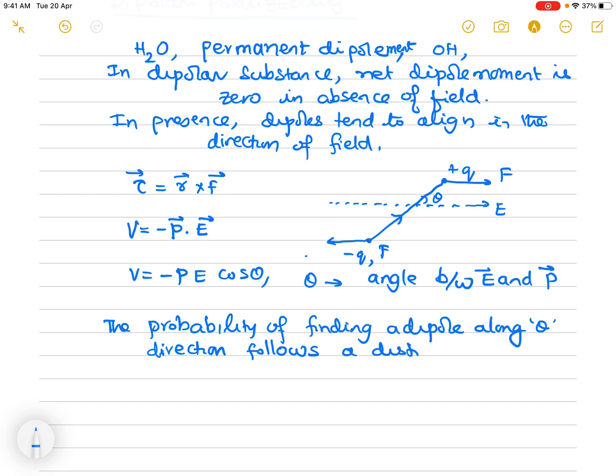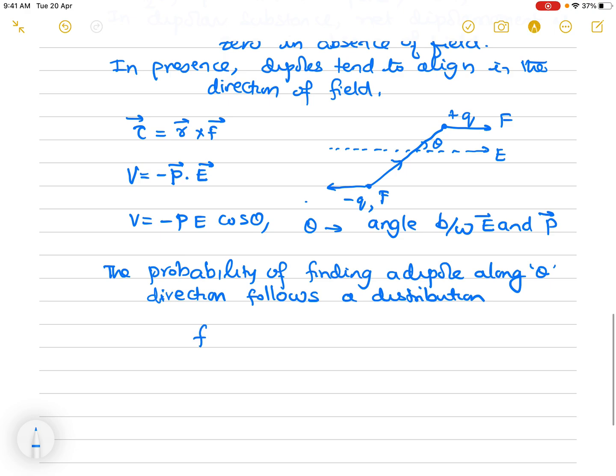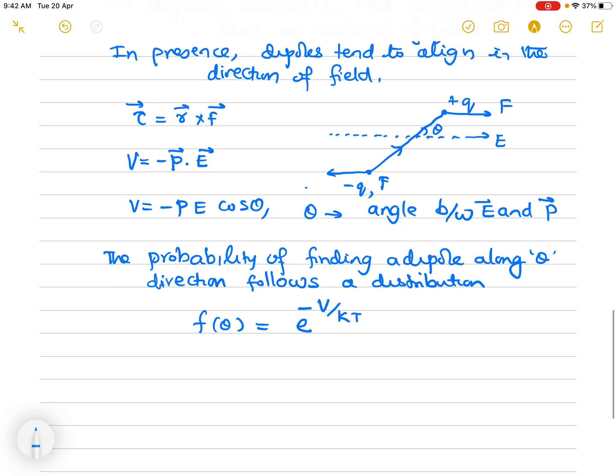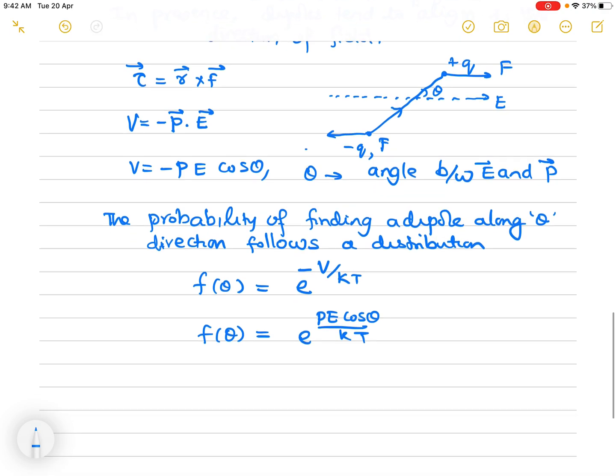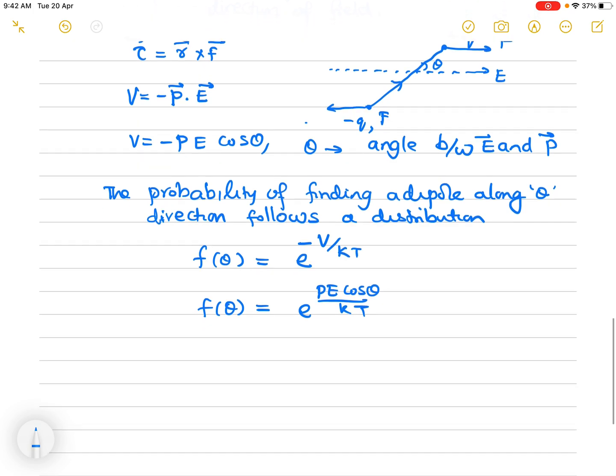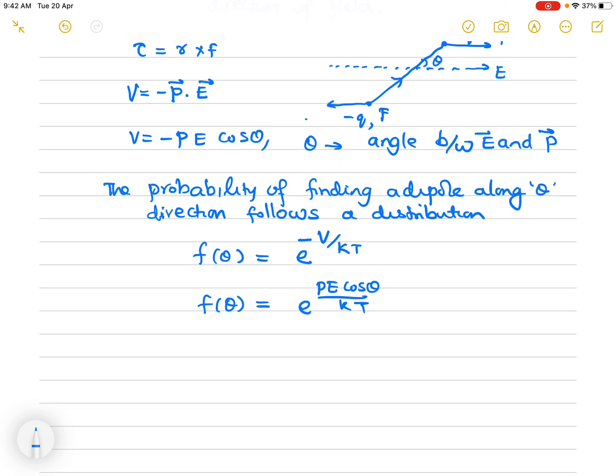Where V is the potential energy, therefore f of theta is equal to exponential of PE cos theta by kT, where k is the Boltzmann constant and T is the temperature. So this is a Boltzmann distribution. This distribution is called the Boltzmann distribution or distribution function.